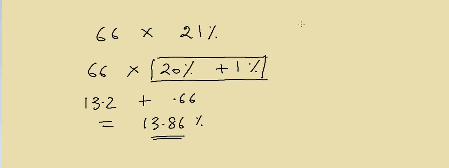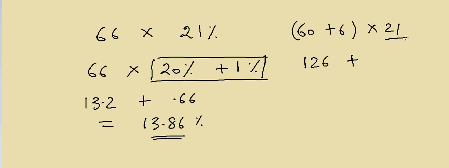So let me do it this way: 60 plus 6, multiplied by 21%. 60 times 21% is 12.6, and 6 times 21% is 1.26.